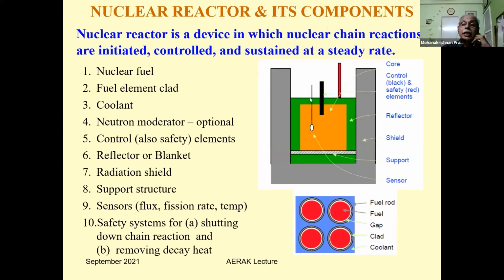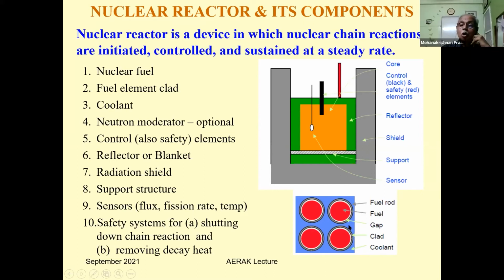So there is a reactor here, which is contained in the vessel, and there is a shield, and there are reflectors around the reactor, and there is a support structure in which fuel rods are generally kept. Coolant is flowing surrounding the rod, so there is the nuclear fuel element and clad, coolant, and neutron moderator.